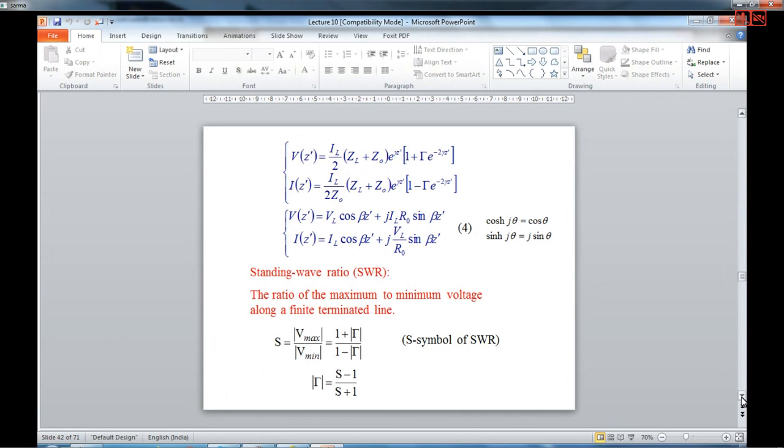So on a lossless line, the magnitude of the reflection coefficient remains the same, whereas the phase changes. So if you do the measurement, as the phase changes, you can't have repeatable values possible. So this measurement of reflection coefficient is quite complicated and repeatability cannot be established. So there are certain issues about that.